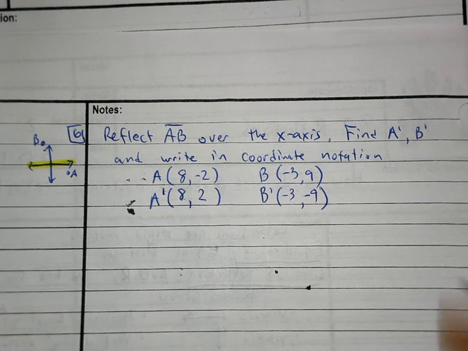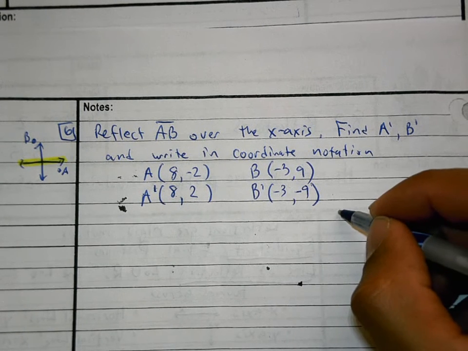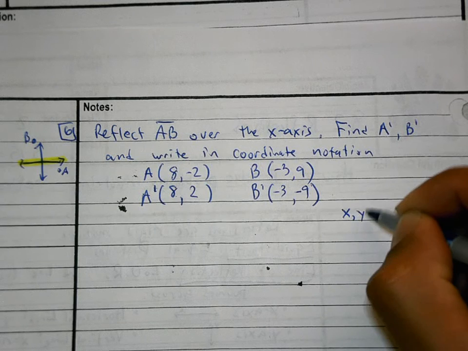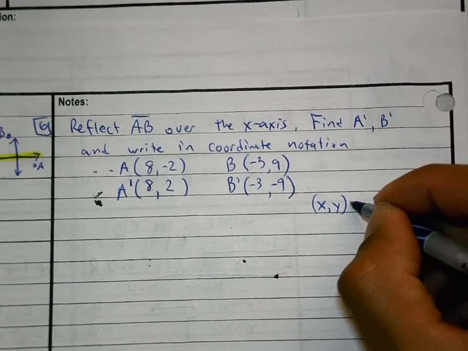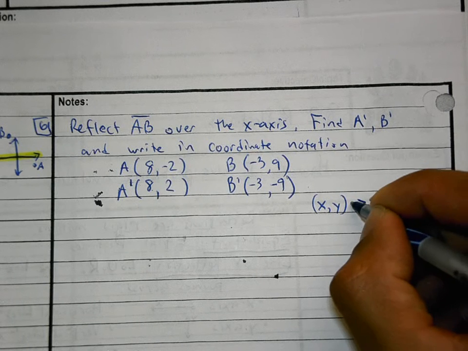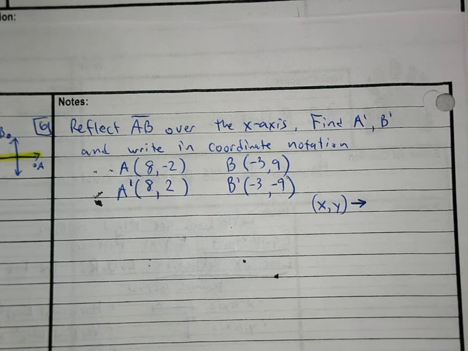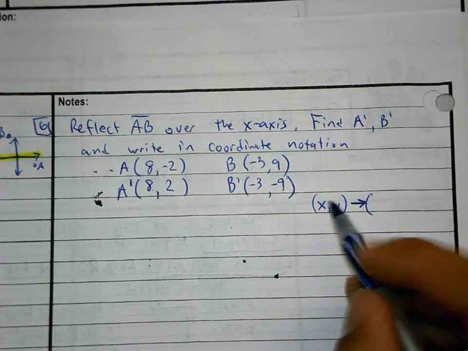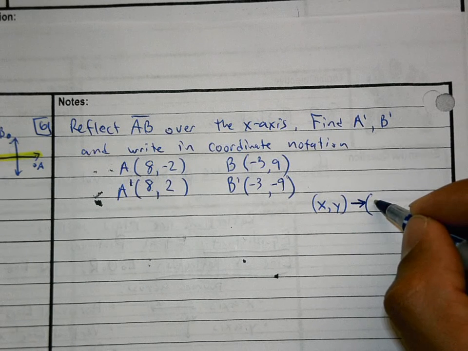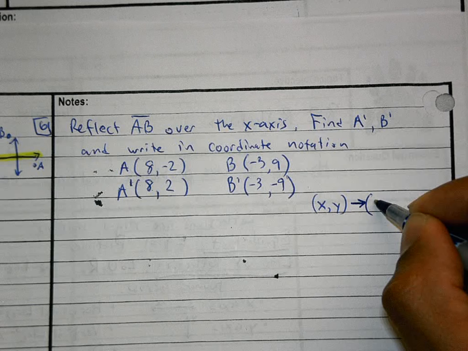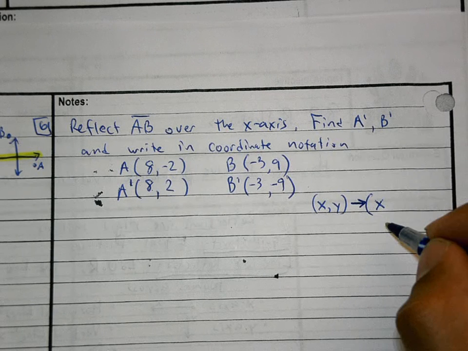Let's write this out in coordinate notation now. X, Y, all of our x's, all of our y's are going to transform. And what happens with our x's? Our x's stay x's. They don't change.